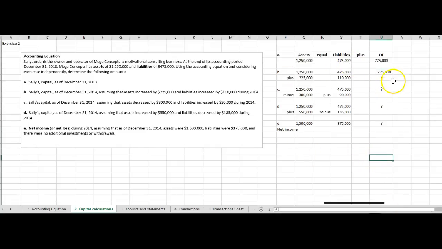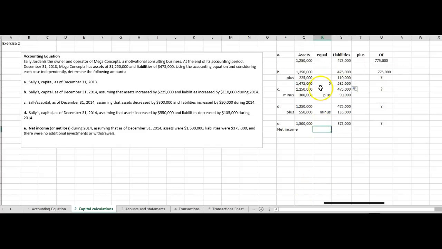So now what happens to this amount when we change the assets? We add $225,000 and we add liabilities of $110,000. Well, let's add those together and find out. I mean, it's calculation time, right? So if I take this, add that across.